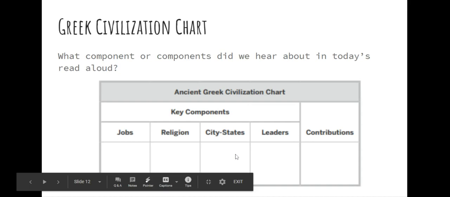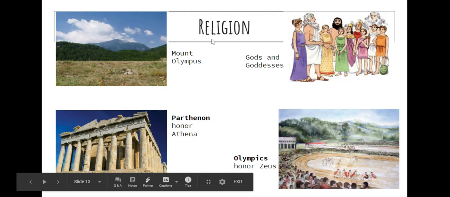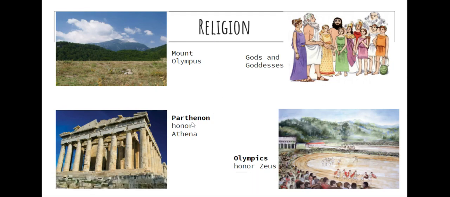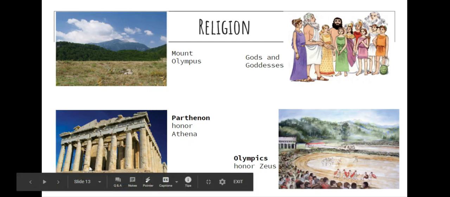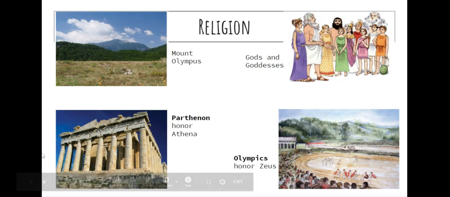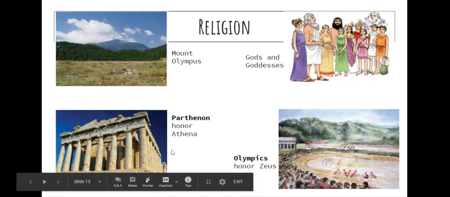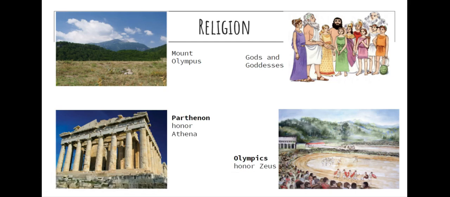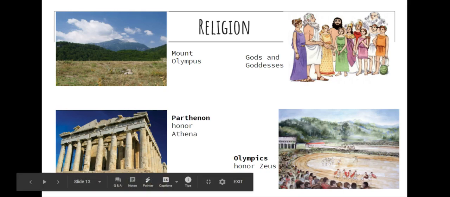The first component we talked about in this read aloud was a religion, and it was actually the Parthenon, because the Parthenon was part of the religion because they were honoring Athena by putting her statue inside the Parthenon. So this is actually a picture of the Parthenon today. It doesn't look as grand now, because over the years it has crumbled, because it's very, very, very old. But look how much is still standing, it's pretty amazing stuff.